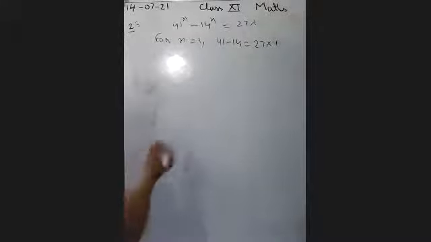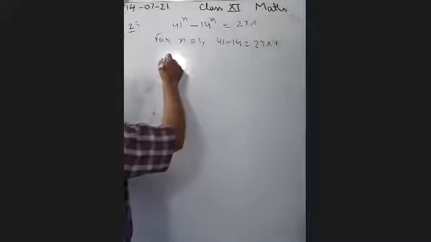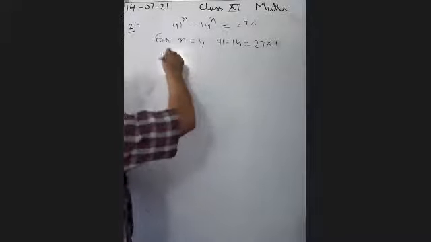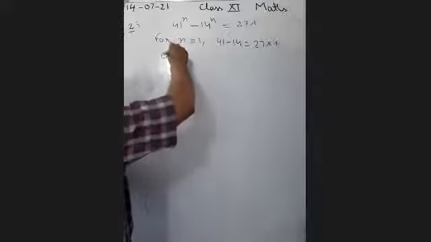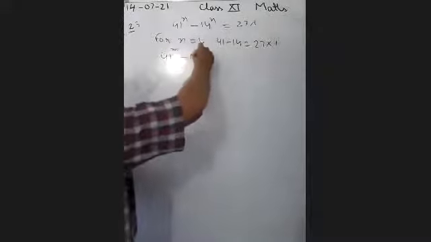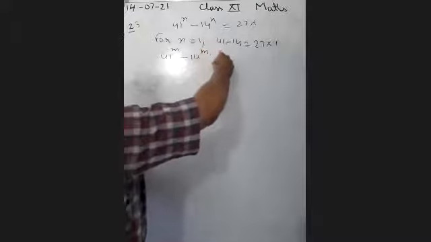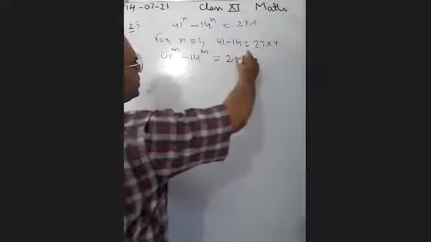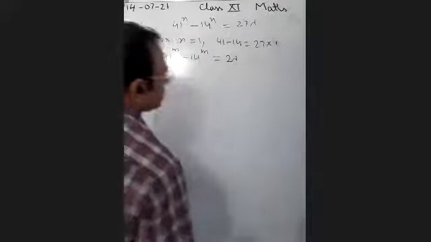Now let us suppose it is true for n equal to m. We are putting here n equal to m: 41 to the power m minus 14 to the power m is equal to 27 lambda.